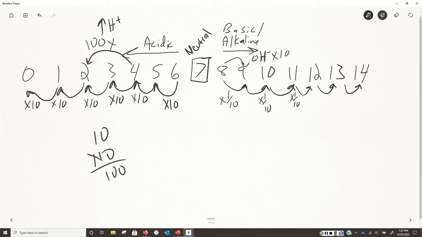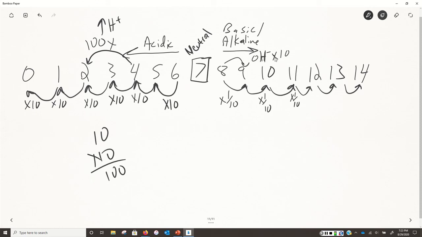And we'll talk about why we see it written both ways here in just a moment. As we go up in pH, the H plus concentration goes down. So this down here at the bottom, 1/10 H plus each step of the way, is true. Sometimes we will also see OH minus going up by a factor of 10. So let's see why we can use those two things interchangeably.